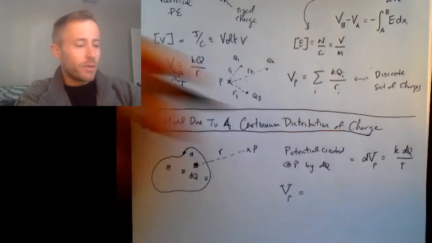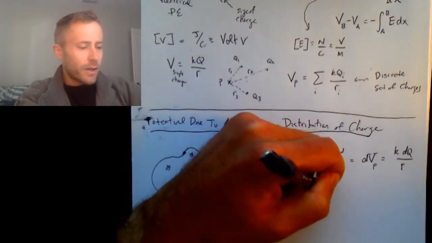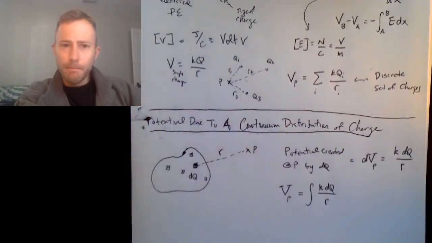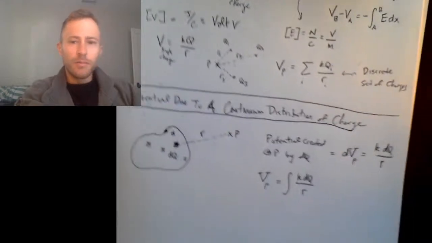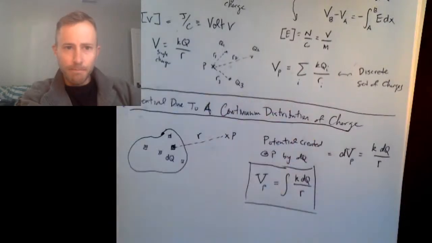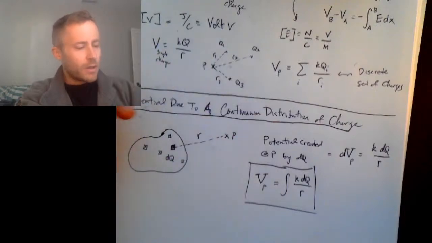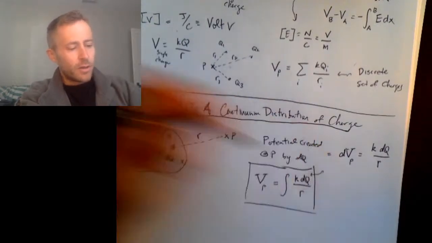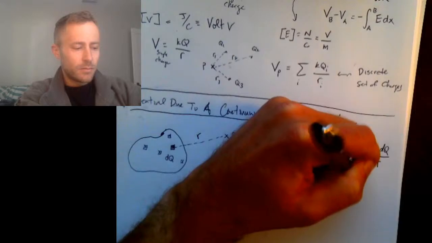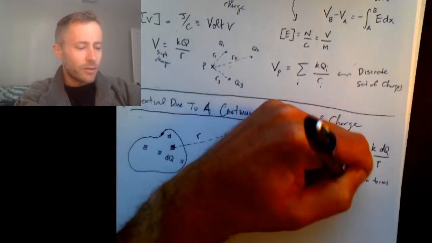So the potential at point P is going to be the integral of K dq over r. All right. And so this is the main formula that we are going to play with today. All right. And so what we want to remember is that we are going to write dq in terms of something else.